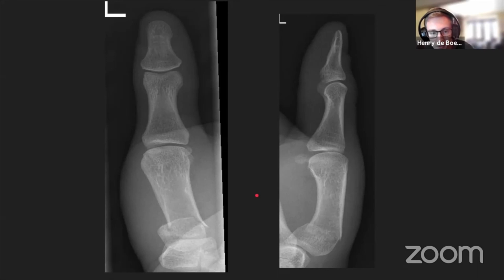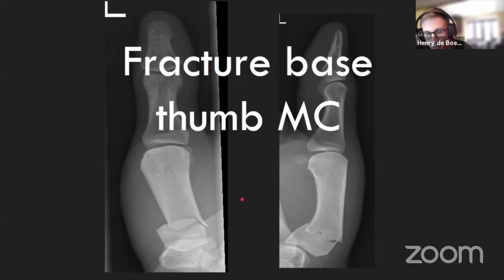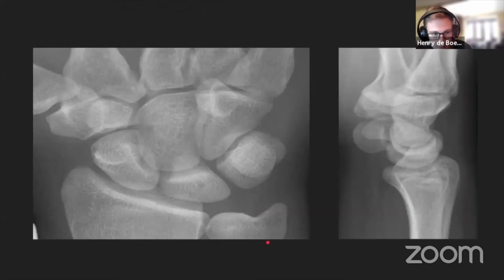Okay, so we'll just run through this one. There's a fracture through the base of the thumb. Thumb base fracture. Okay, easy one. So while you're looking through this one, I'll show you here.